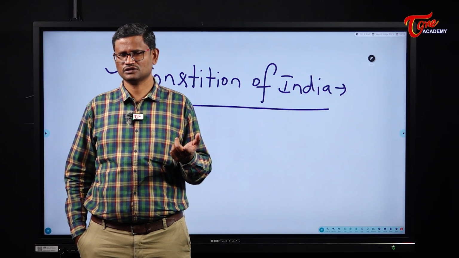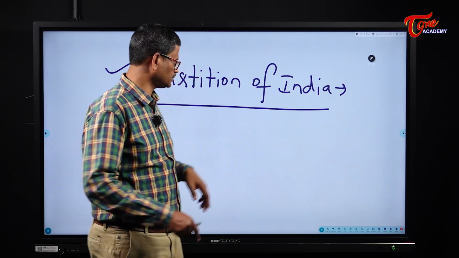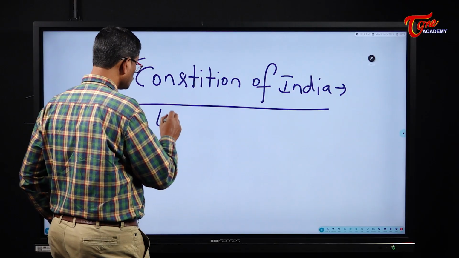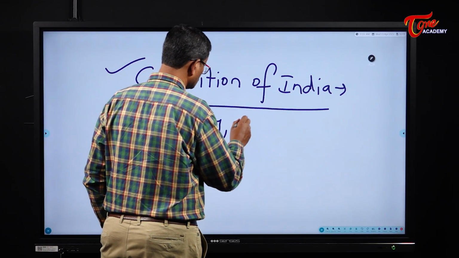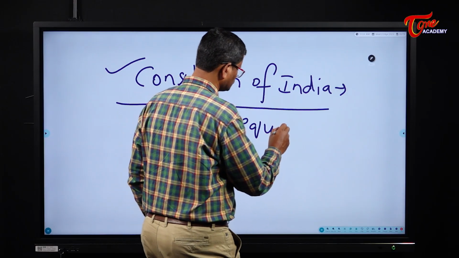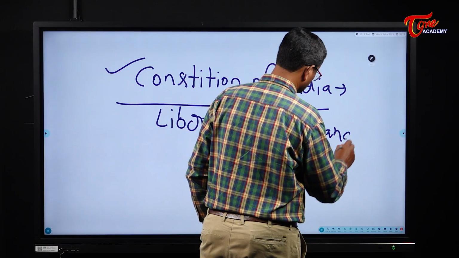In addition to this, he explained what he meant by social democracy. He says that social democracy means having liberty, equality and fraternity in the life of the nation.